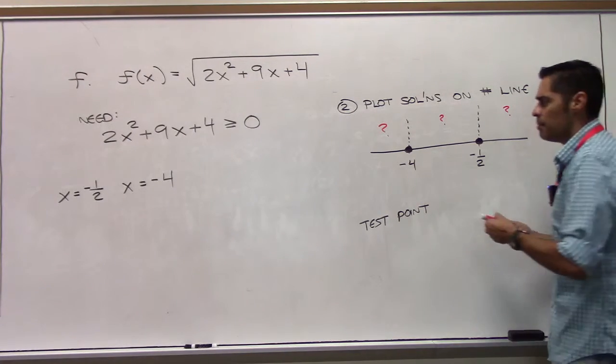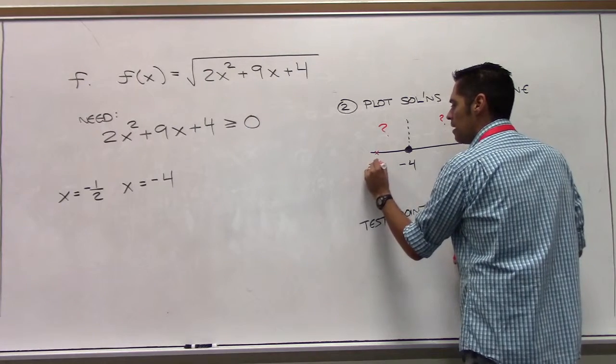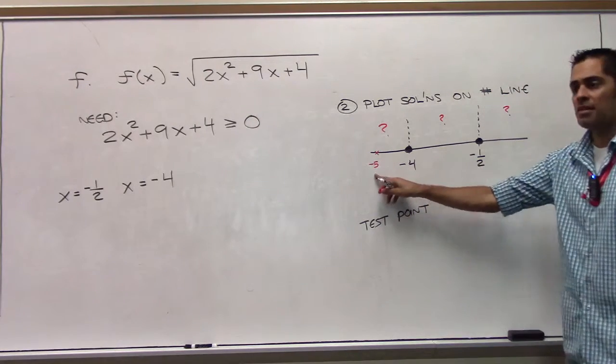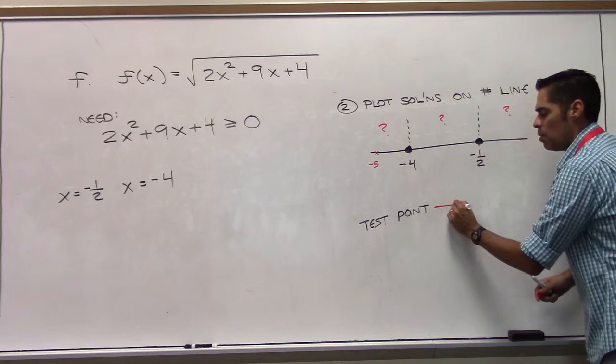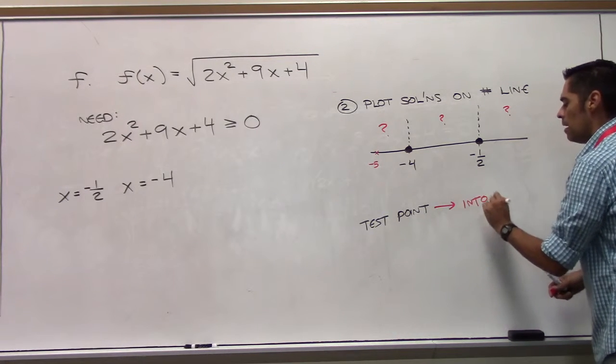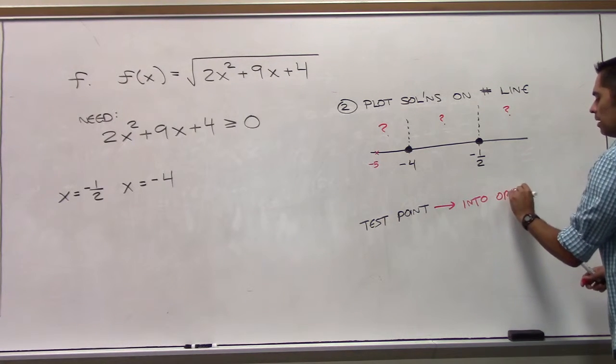Okay, so I'm going to come over here. Somewhere on here, my number line is negative 5. And what I'm going to do with that test point is plug it into the original inequality.